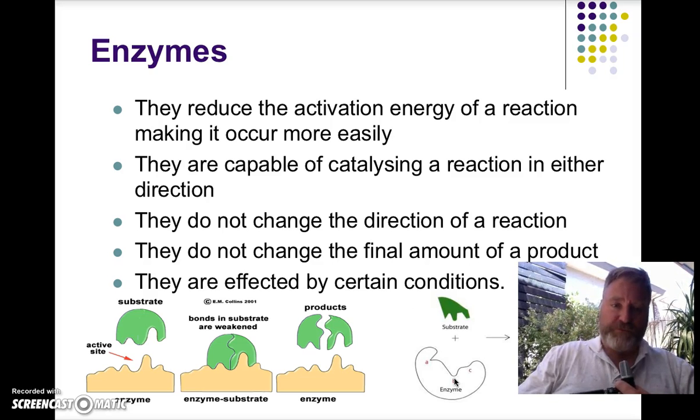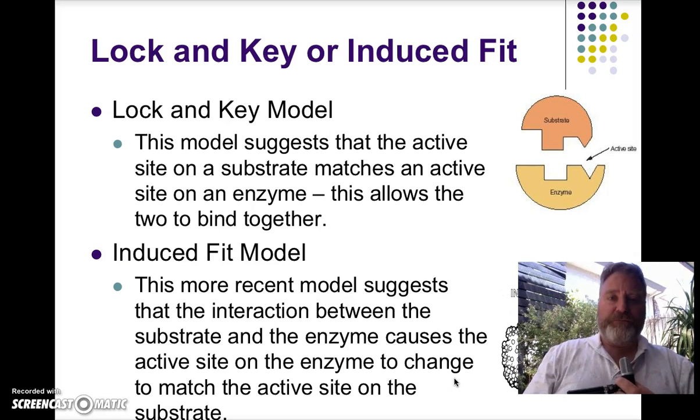They go with the flow. And they don't actually change the final amount of product. If you've got 100 grams of substrate, there'll be 100 grams of product. That's all there is to it. Or might be less. You might have wastes, but you won't get more. That's for sure. And they are affected by certain conditions. They have limiting factors. So we'll talk about those in a minute too.